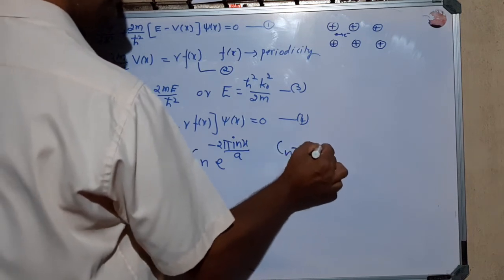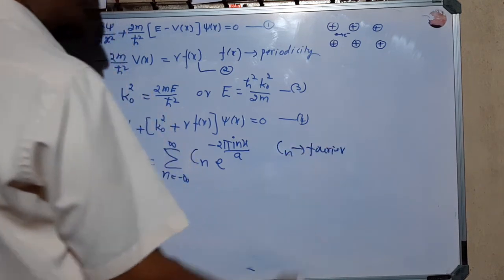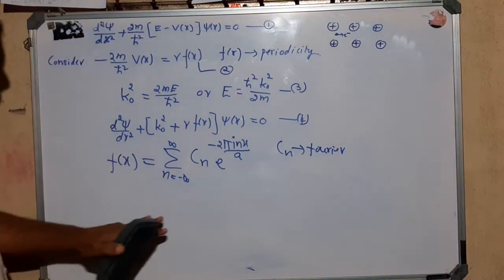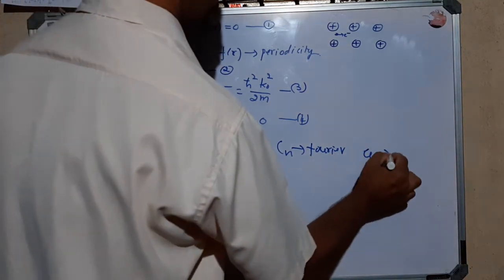Here Cn is the Fourier coefficient, and a is the lattice constant.